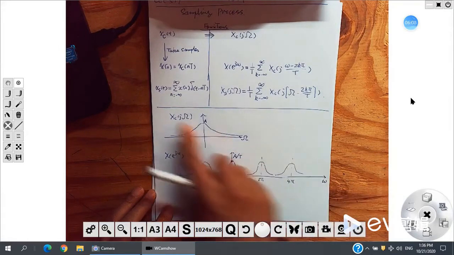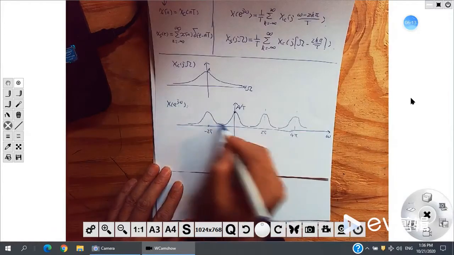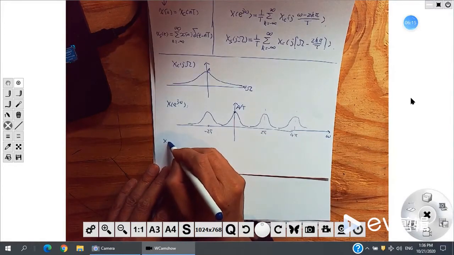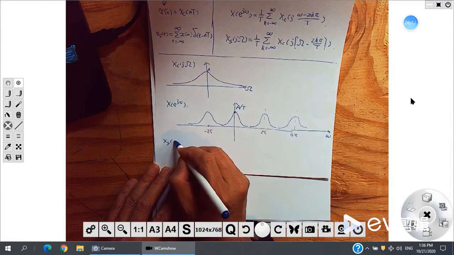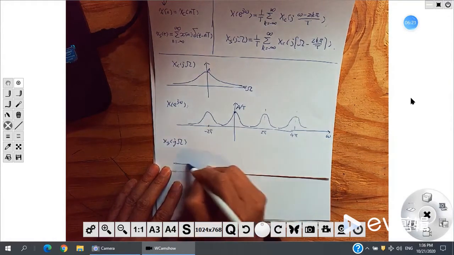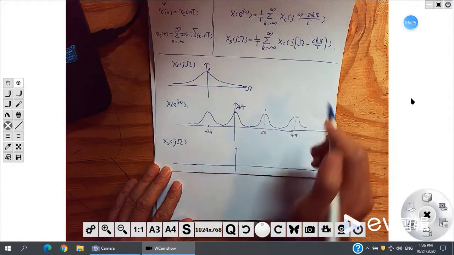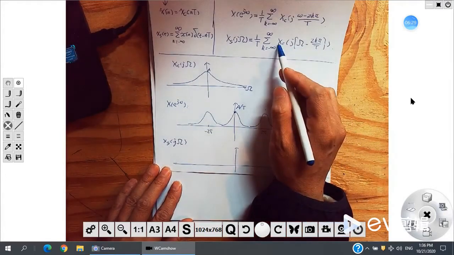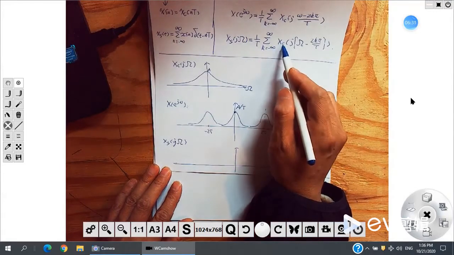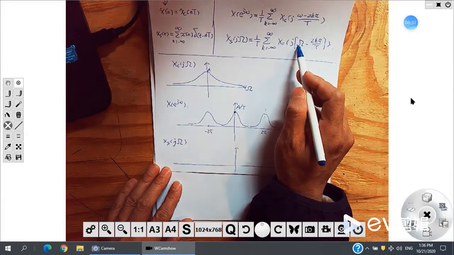And similar for XS, we also have the graph. It will be similar to these, XS of j capital omega. But this time it is also a copy of a lot of XC. You put them together, each one shifted by 2k pi over T, and no scale on omega.